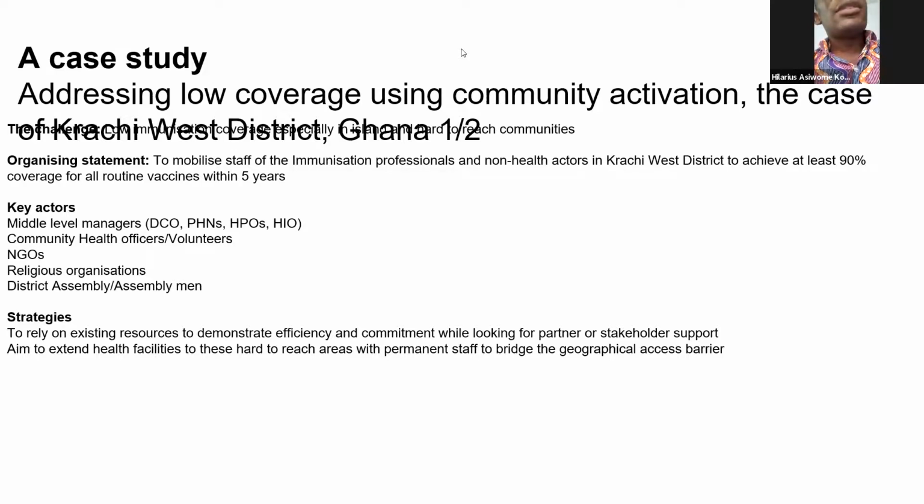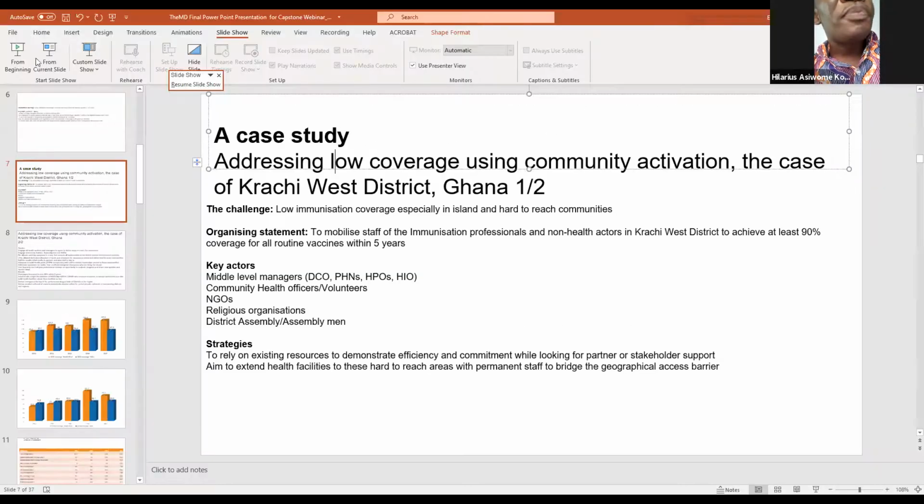So in doing this, we had to identify who the key actors are. We identified clearly that we had key middle-level managers like disease control officers, public health nurses, and health promotion officers who directly supervise the frontline immunization professionals like the community health nurses and volunteers. We had NGOs in health who were willing to provide support in immunizing children and other target groups.